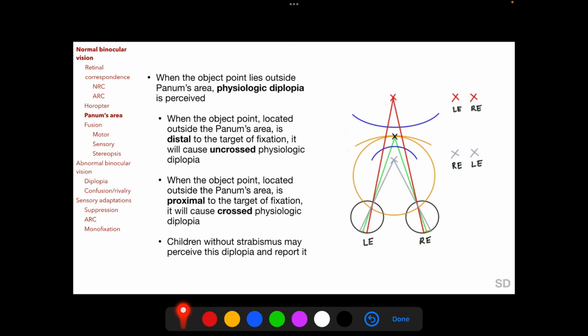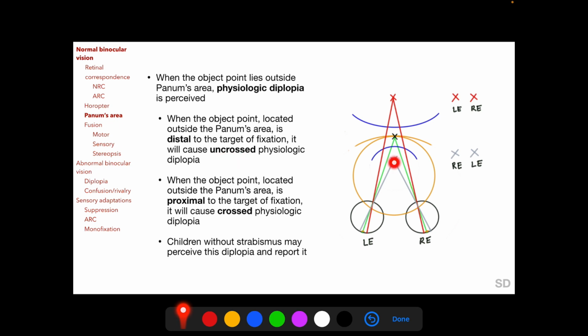For the right eye, the image perceived by the right eye is temporal to the image perceived by the left eye, and for the left eye, the image perceived by the left eye is temporal to the image perceived by the right eye. As a result, the image seen by the right eye will be located to the right of the image seen by the left eye, and this is called uncrossed physiologic diplopia.